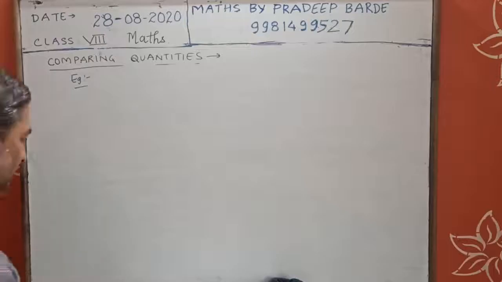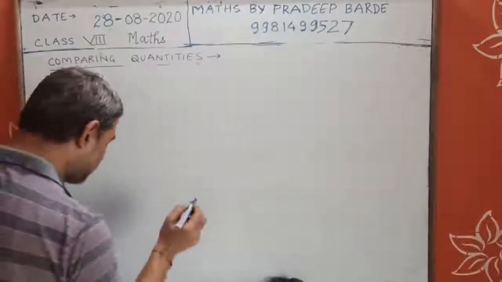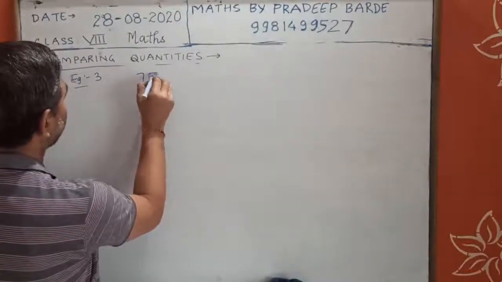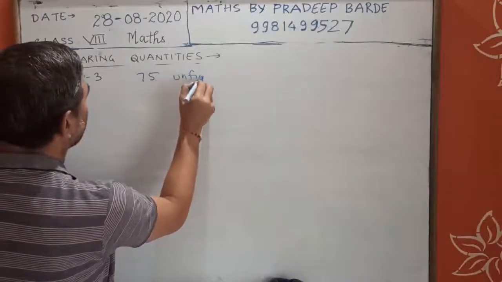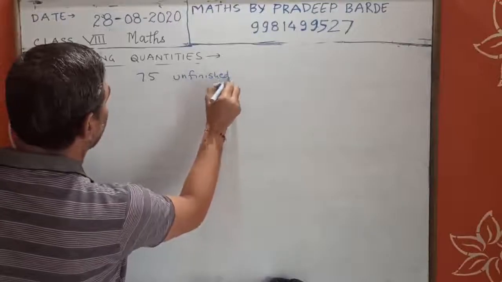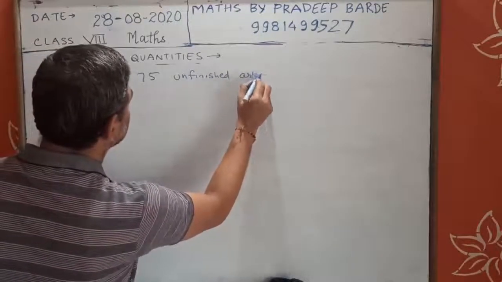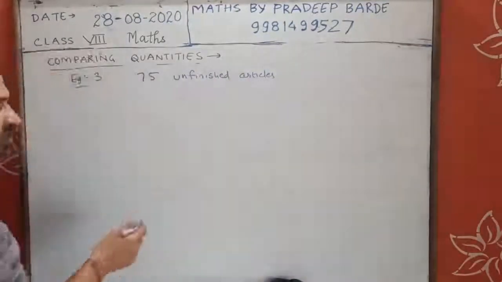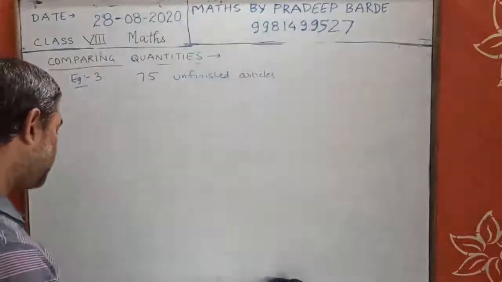The third example is 75 unfinished articles. Unfinished मतलब जिसकी proper finishing नहीं हुई थी.